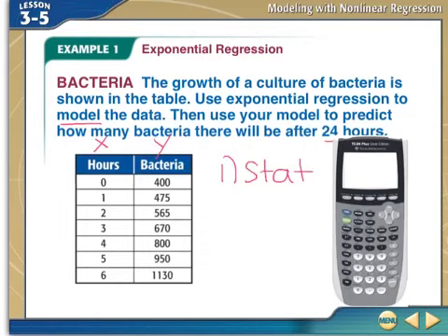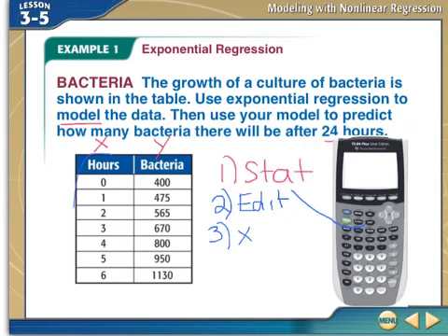I want to press stat, which is right there. That will bring me to the stat menu, and then step 2 would be to select edit. At the top of your screen, once you select stat, you'll be able to see the edit menu, which if you select edit, will bring you to your lists.